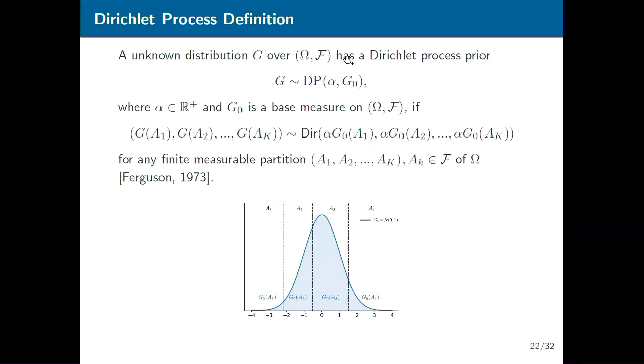The calligraphic F is the sigma algebra, which to us is just a collection of well-behaving subsets of omega. And unknown distributions have a Dirichlet process prior, denoted as this line over here, and has parameters alpha, which is a positive real number that can be interpreted as an inverse variance, and another parameter G naught, which is a base distribution on omega.